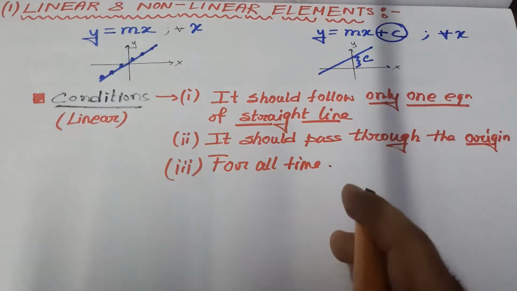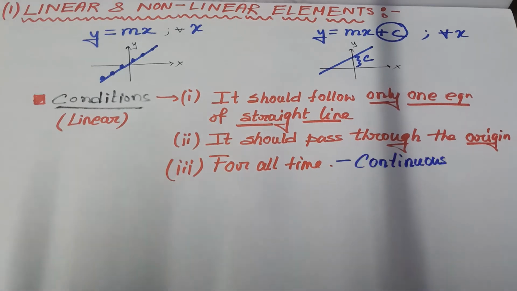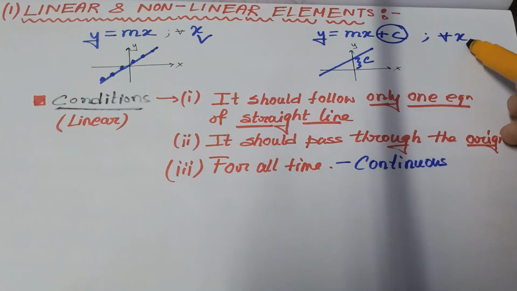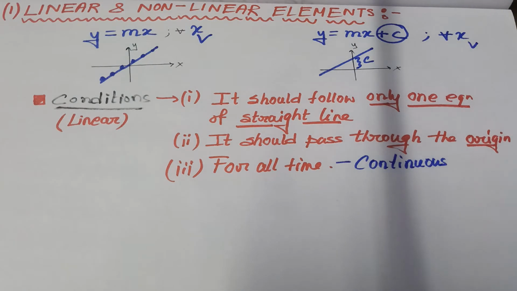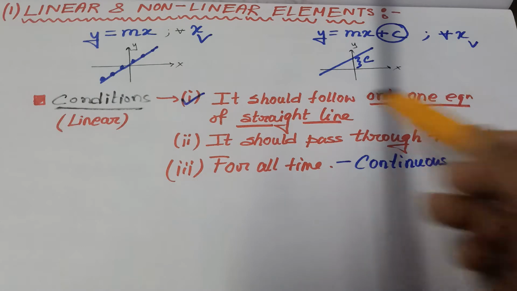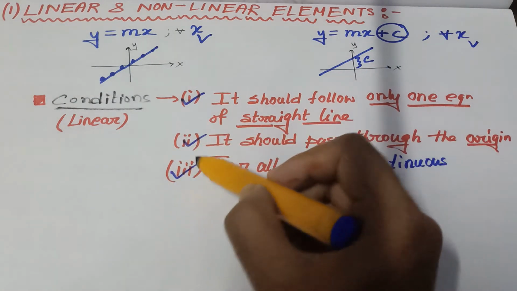And condition 3, for all time. For all time means continuous, just like I mentioned that this equation is satisfied for all values of x.